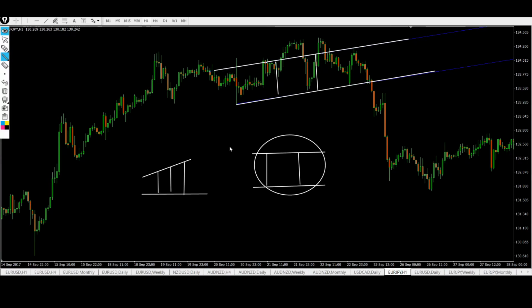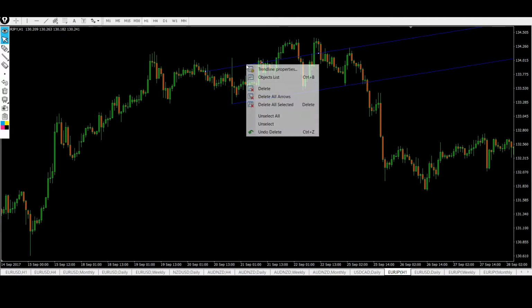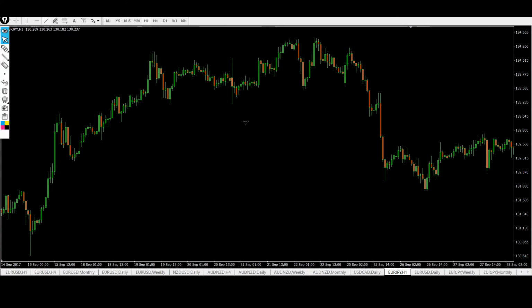So a simple way to make sure the 2 necklines are parallel is as follows. Now I'm using the MT4 platform, but I'm sure any major platform has this function. So let me just get rid of these trend lines. Now I'm sure your charting platform has this function where you could draw a trend line, then you could drag it down and up.